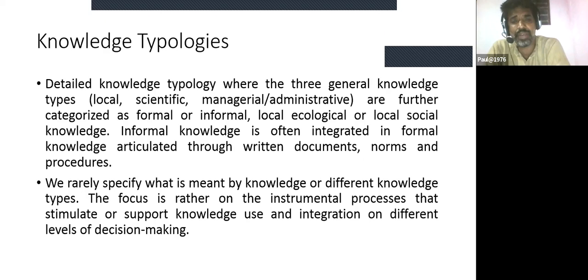Informal knowledge is often integrated in formal knowledge, articulated through written documents, norms, and procedures. We rarely specify what is meant by knowledge or different knowledge types. The focus is rather on the instrumental process that stimulates or supports knowledge use and integration on different levels of decision making.